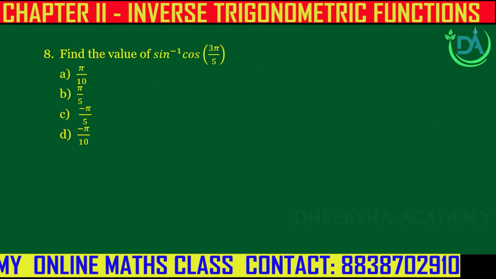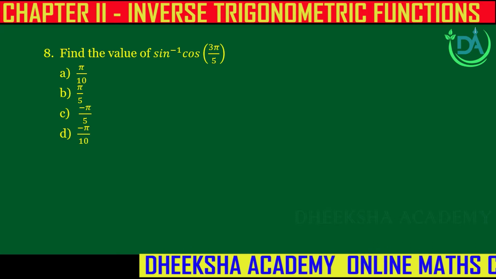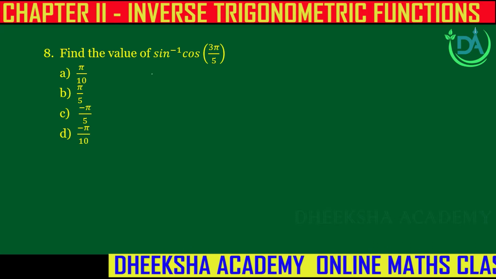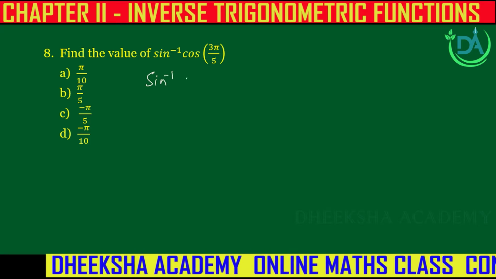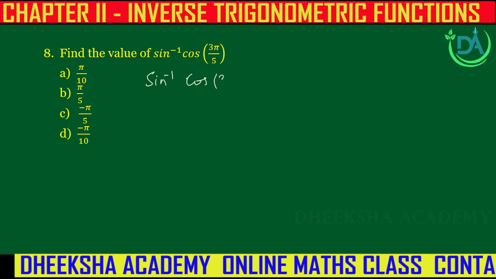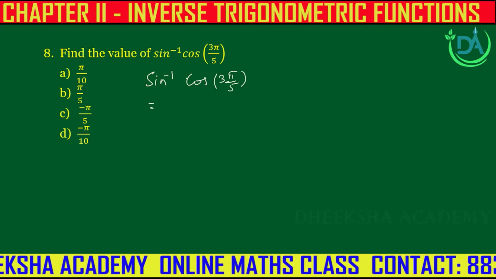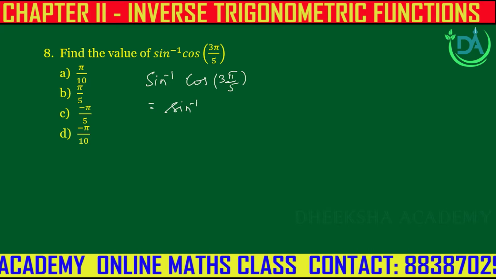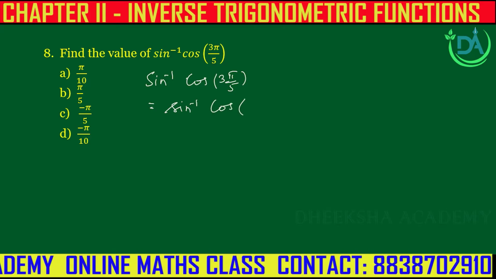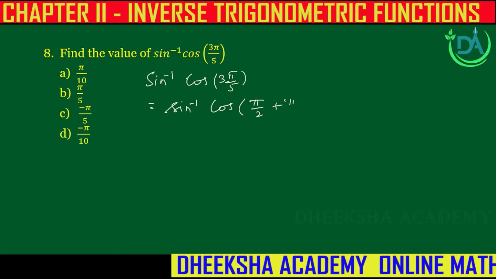Find the value of sin inverse of cos of 3 pi by 5. So sin inverse of cos of 3 pi by 5, which is equal to sin inverse of cos of pi by 2 plus pi by 10.